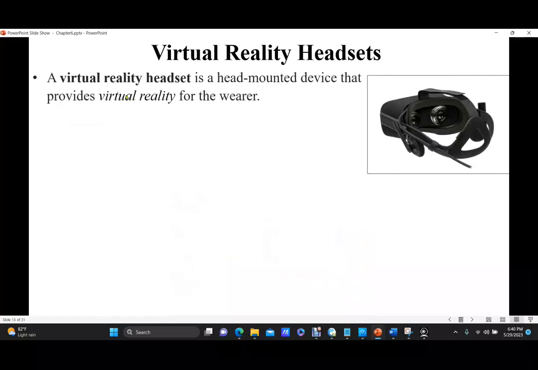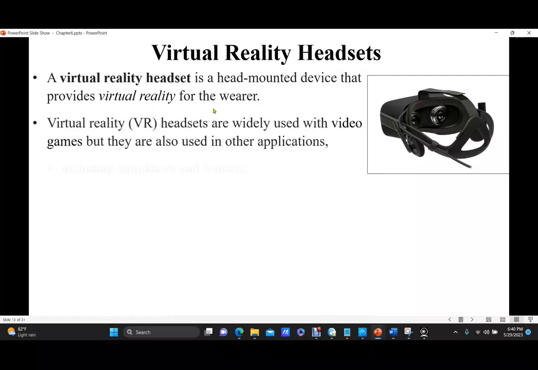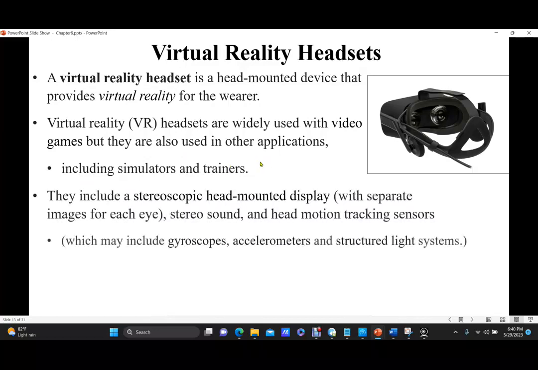A virtual reality headset is a head-mounted device that provides virtual reality for the user wearing it. VR headsets are widely used with video games, but they're also used in other applications like simulators and trainers.